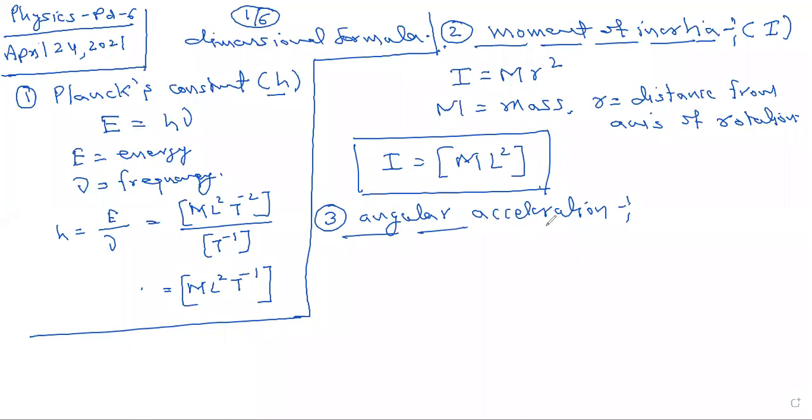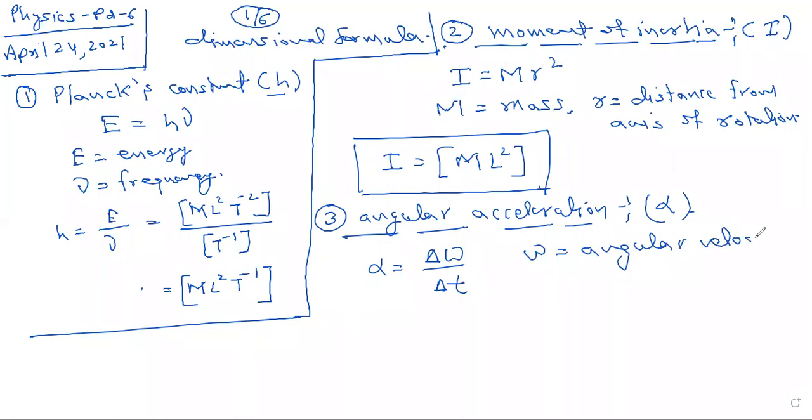Angular acceleration. Its symbol is alpha, and angular acceleration is change in angular velocity upon time. Omega is angular velocity. If you remember, yesterday we obtained angular velocity.